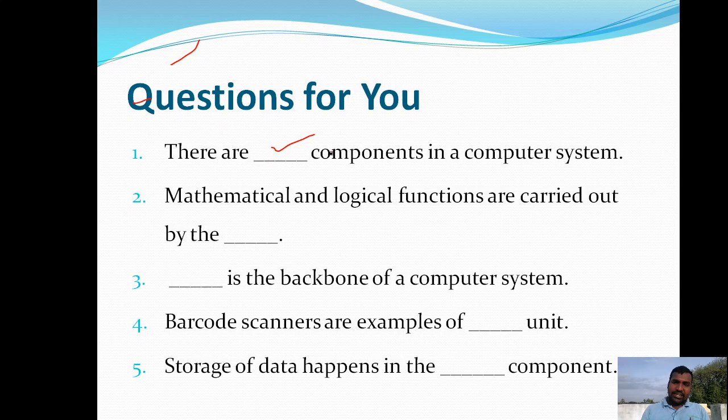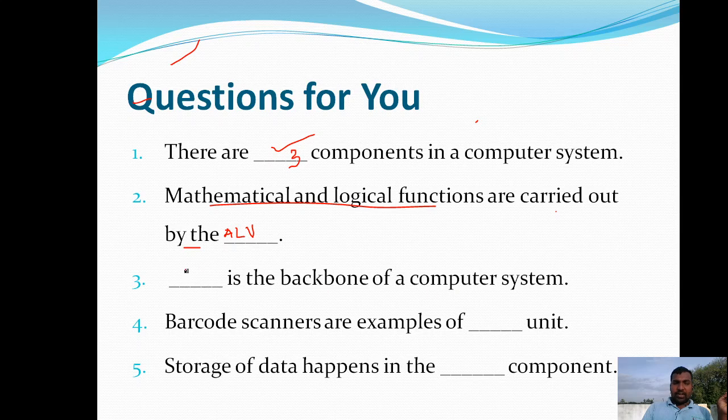The mathematical and logical functions are carried out by the what? The arithmetic and logical unit, ALU, is going to perform all the mathematical and logical operations. Dash is the backbone of a computer.